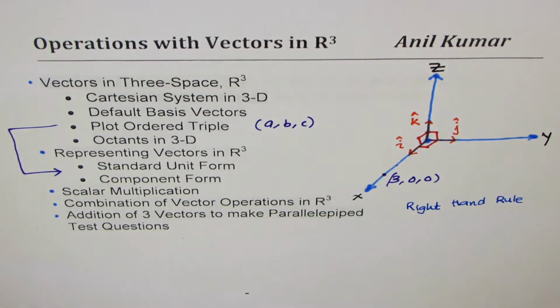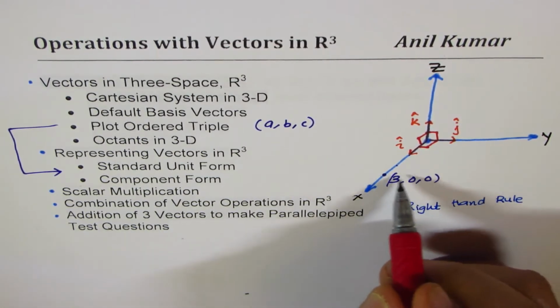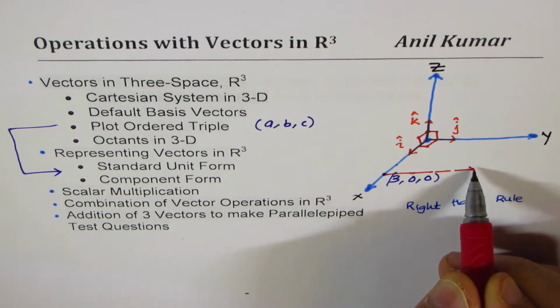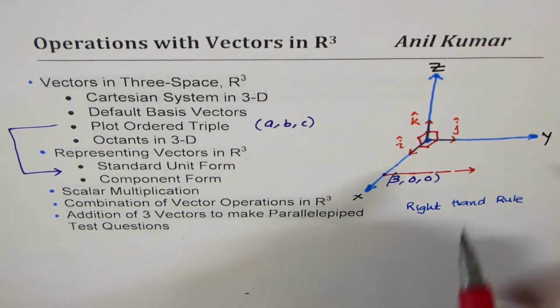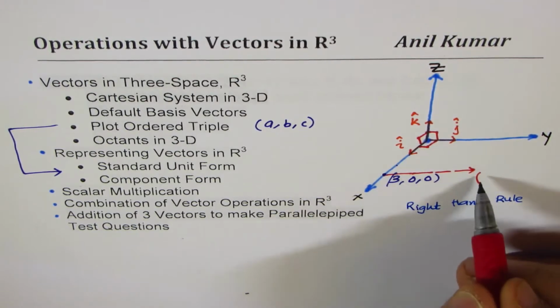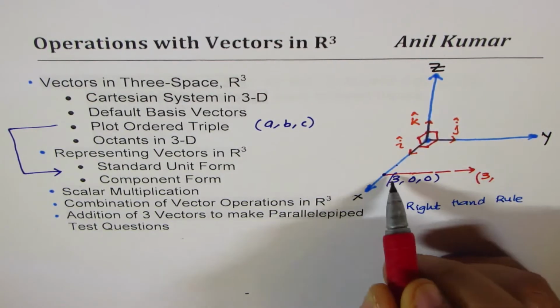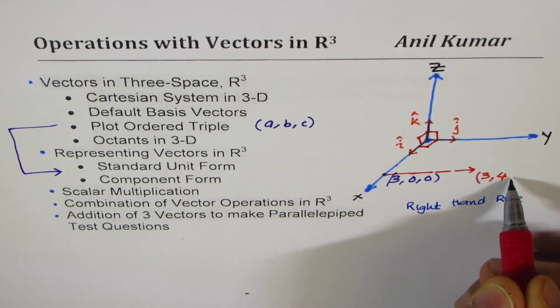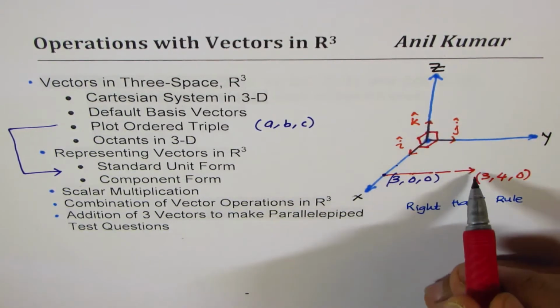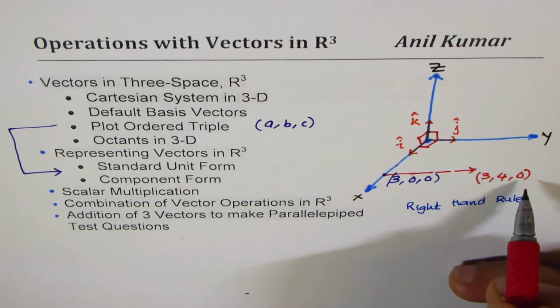Now if from here I move 4 units, 1, 2, 3, 4, since we moved 3 towards x and 4 towards y, and till now we haven't moved along the z direction, that point represents (3, 4, 0).